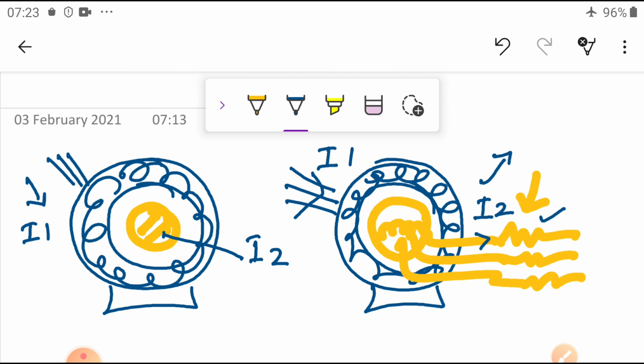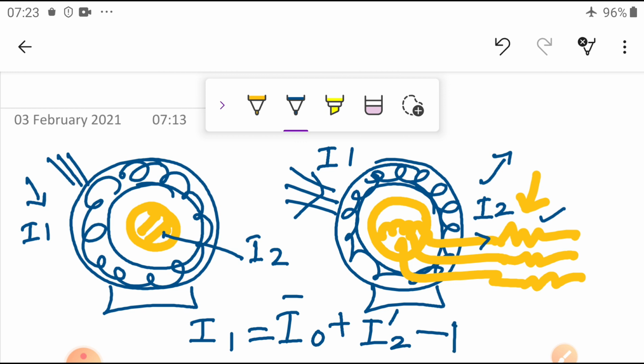What is the relation? We know from the vector diagram that the I1 stator current is equal to the no load current plus I2 dash, the rotor current referred to the stator. This current is very high because it acts as a short circuited secondary of a transformer.